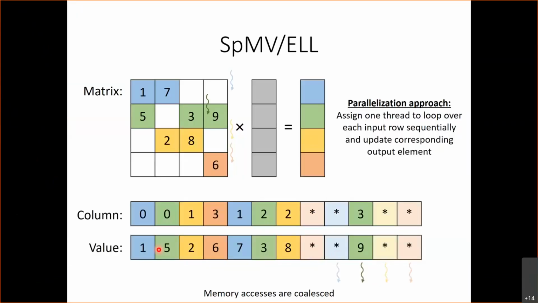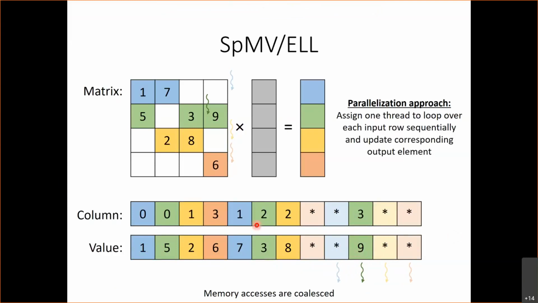The reason every thread can skip a constant number of elements every time to get my next value is because I have this padding. Okay, thank you. If I didn't have this padding, then I'd have to do all kinds of things to figure out which element the thread is responsible for.